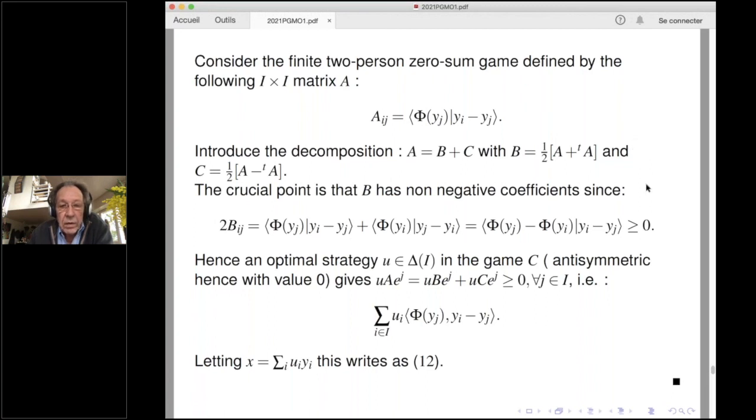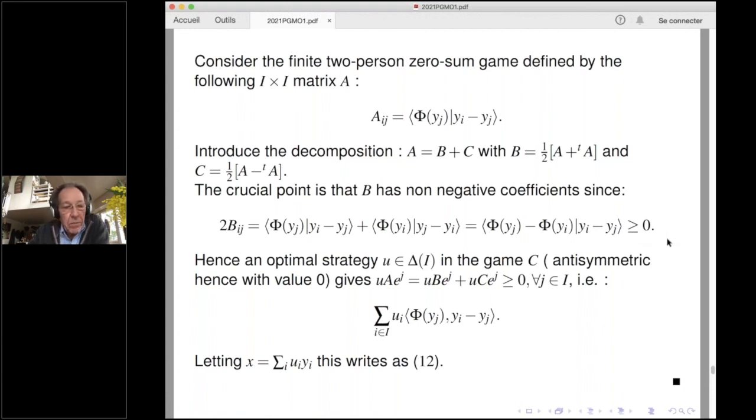The crucial point is that B has no negative coefficient. In fact, look at B_ij, so you multiply by 2, it's A_ij plus A_ji. So A_ij is this, A_ji is the second term, and this is exactly the fact that φ is dissipative.